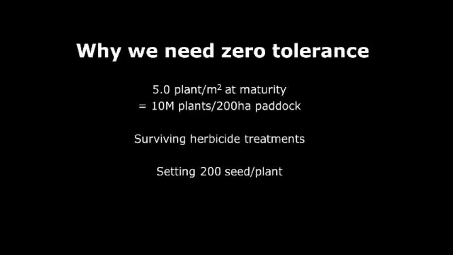Those 10 million plants that are there at maturity have survived herbicide treatments, and each of them is going to produce on average around 200 seed. So what that means is that there's an enormous amount of genetic diversity that's going to be there at the end of the growing season, going into the seed bank, that will then subsequently cause problems in subsequent cropping phases. So this is an instance, Steve, where diversity is not such a good thing.